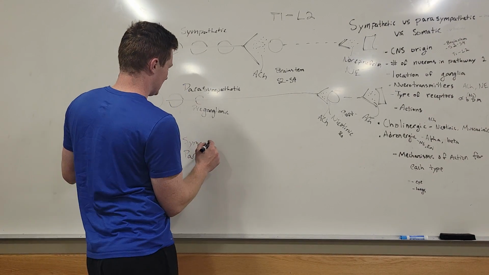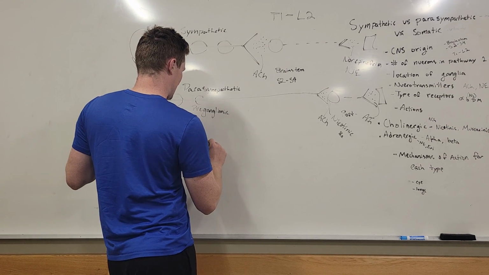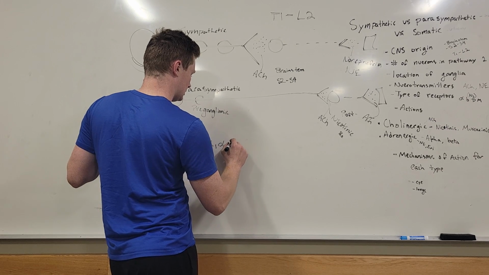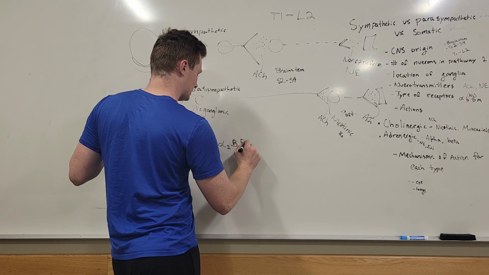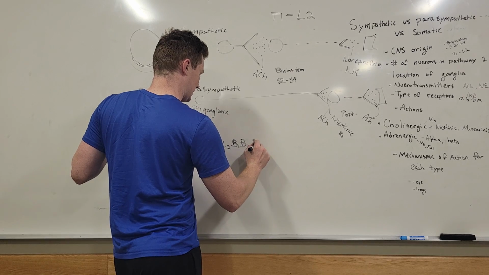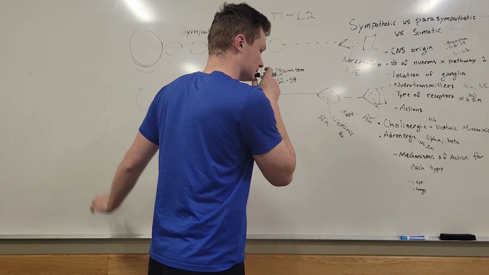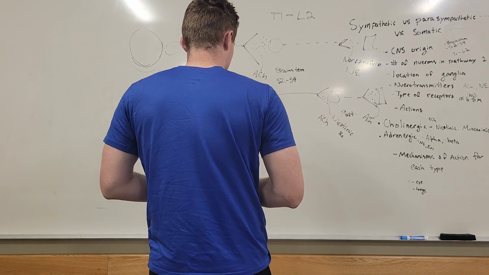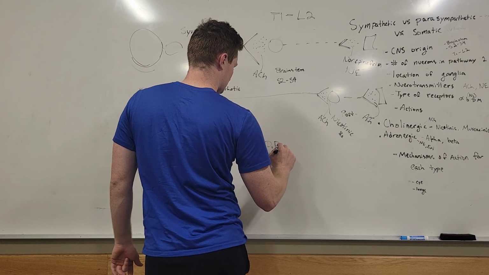Okay, sympathetic is going to be alpha 1, alpha 2, beta 1, beta 2, beta 3, and then, oh my goodness, I think it's dopamine 1 and dopamine 2.